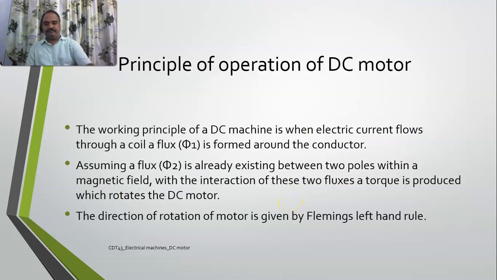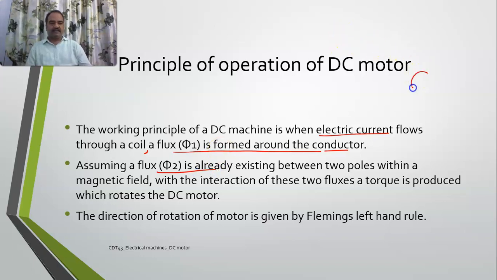The working principle is the same. Electric current flows through a coil to develop a flux around the conductor. This is phi 1, and assume that phi 2 is already existing between the poles.